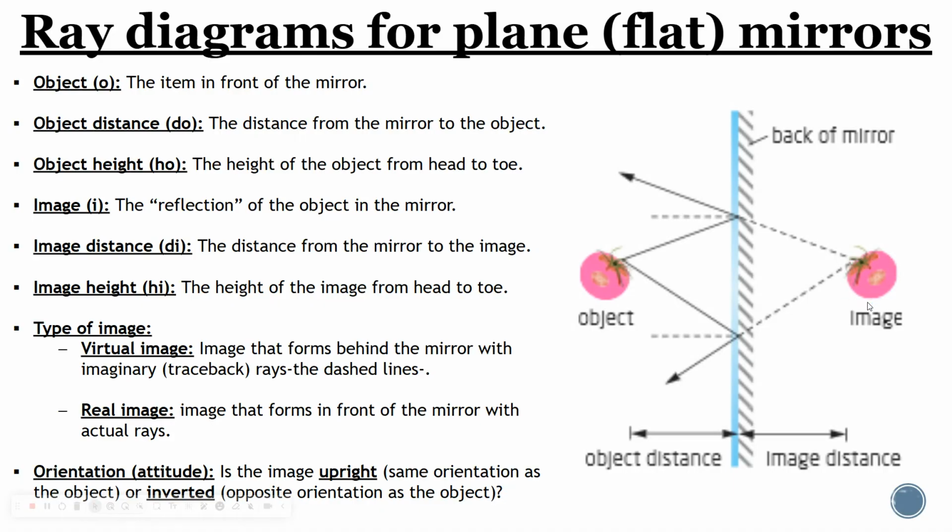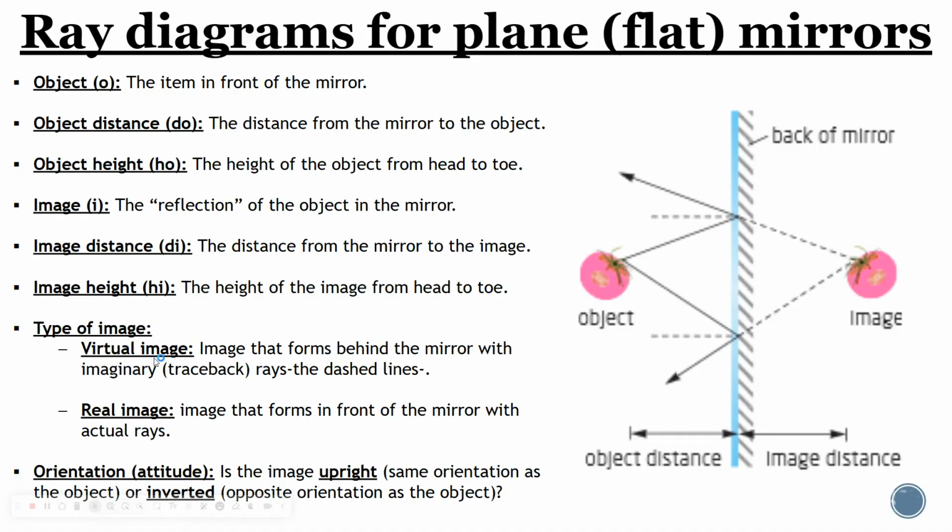So that's an inverted attitude or orientation. So images in different mirrors could be upright, where the top still faces the top, or inverted, where the top now faces the bottom. So it's almost flipped top to bottom compared to your object. And we'll see that for other mirrors, not necessarily plane ones, but other ones.